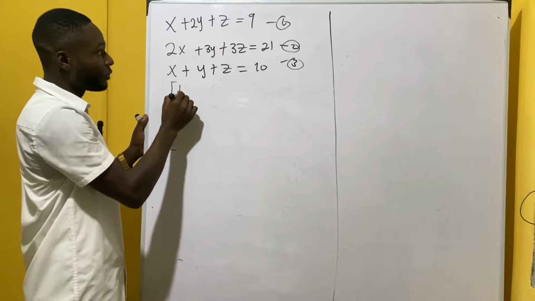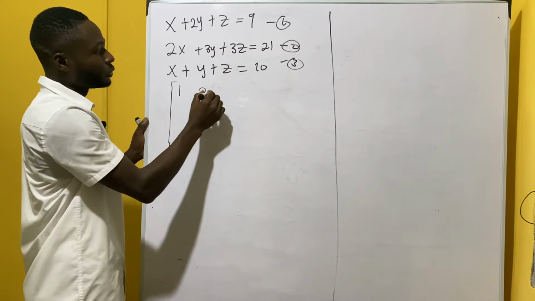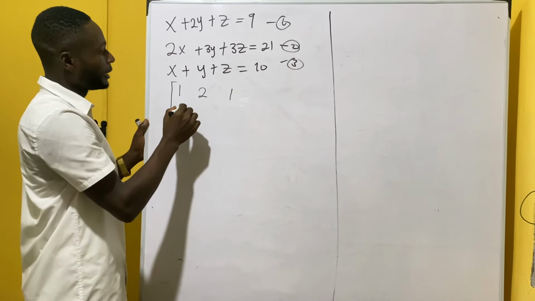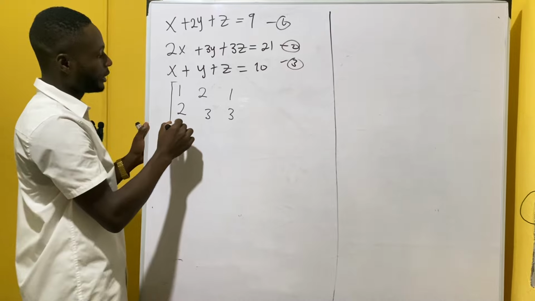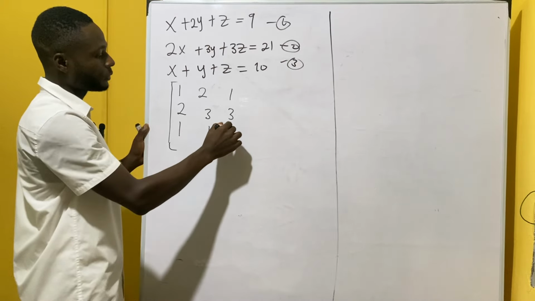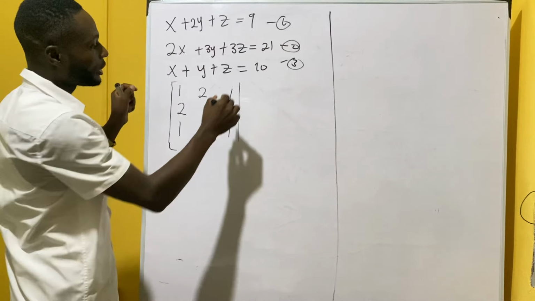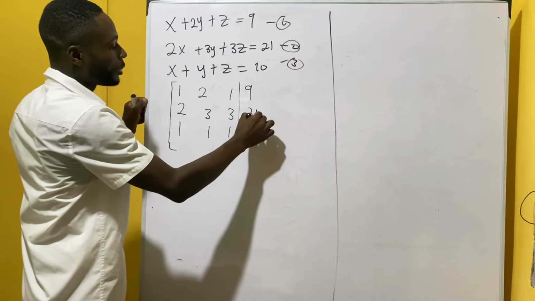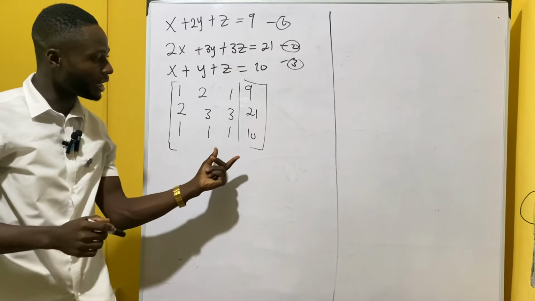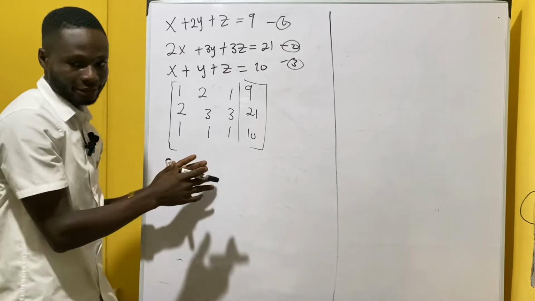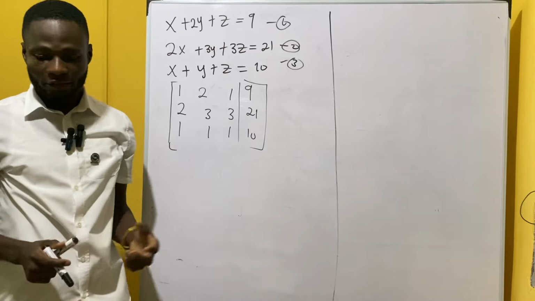We have the coefficients of x right here: 1, 2, 1, and then 2, 3, 3, and then 1, 1, 1. Then we augment it with the constants, so we have 9, 21, and 10. So this is the augmented matrix for these three equations.